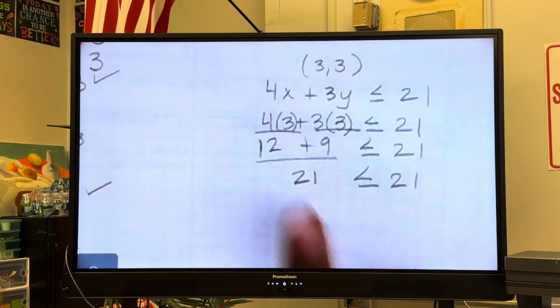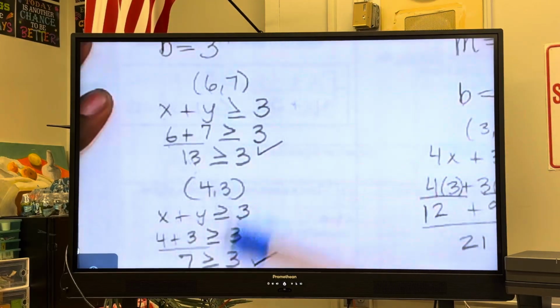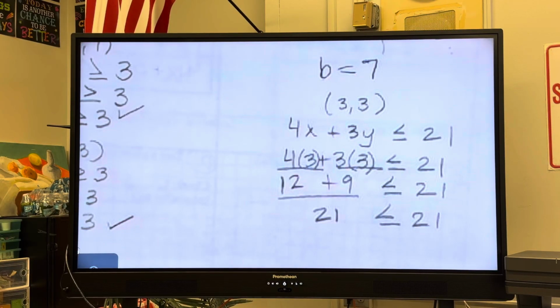How I knew that was going to be 21 before I even added that? Because it was on the what? Line. So if it's on the line, it's going to have to come out to be how much money? $21. Everything over here was about the pounds. Everything over here is about the what? Money. Are y'all with me? Yes? Is everybody following? All right?